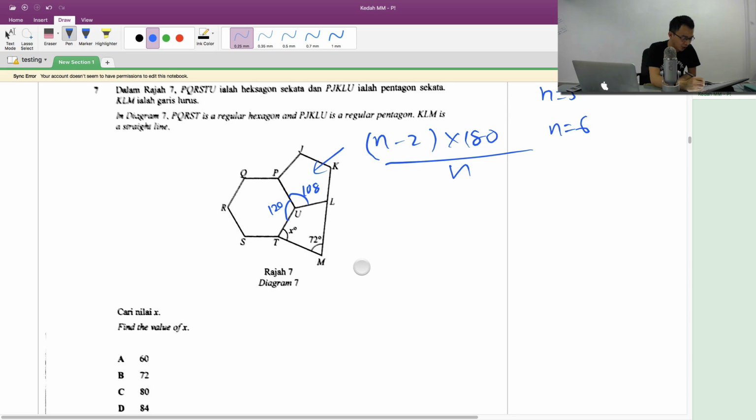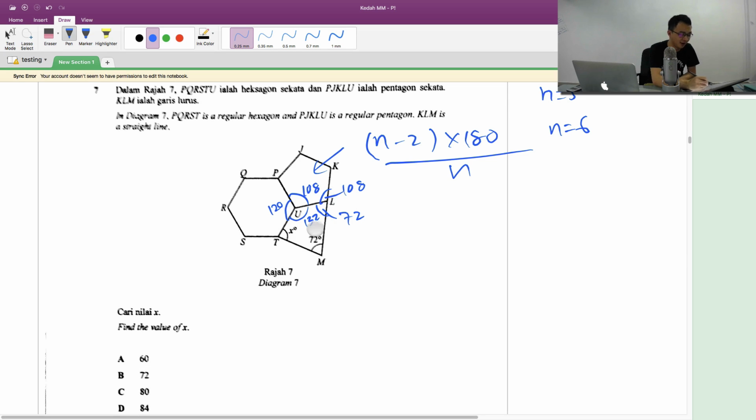Alright, so you can get 108 and 120. So for this one, in order to find the x here, I will find the rest. So this is 108 also, the other side will be 72. So I can get the angle U here, I just use 360 minus 108 minus 120, is 132.